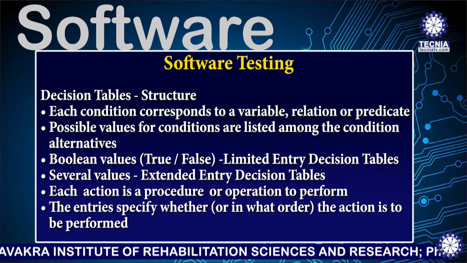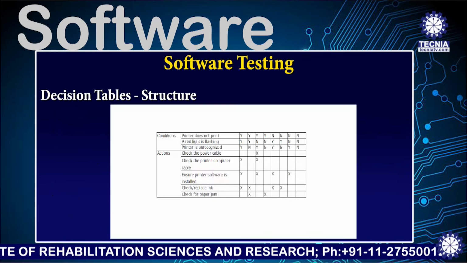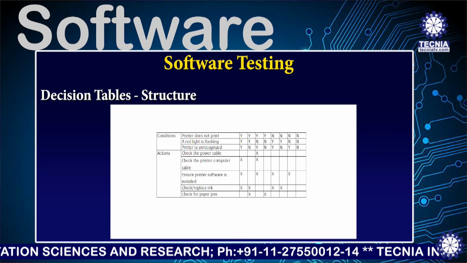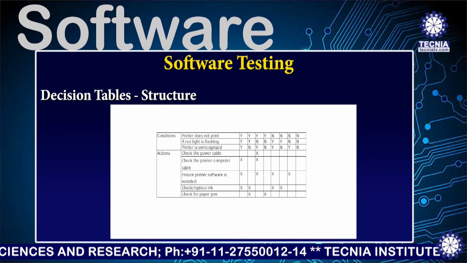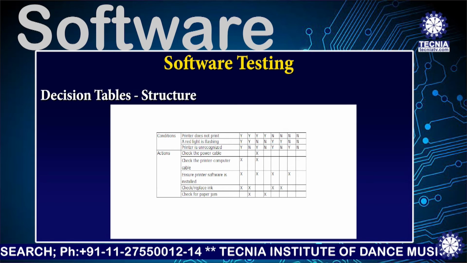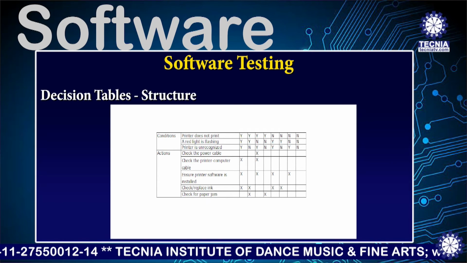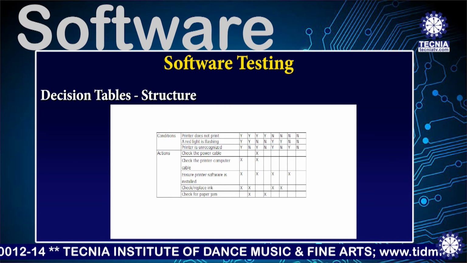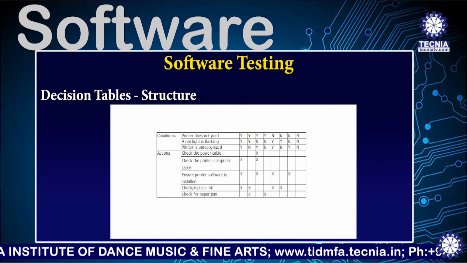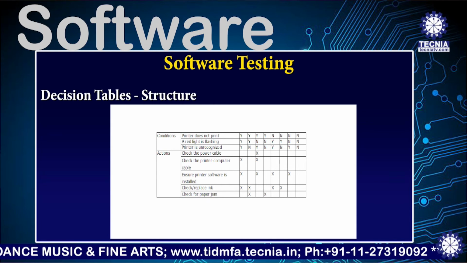To understand decision tables more, now let's take one example, and in this example we are making a table, and this table is known as printer troubleshooting. Friends, we use printers in our office work, we use printers at our home, we have seen printers at various stations.